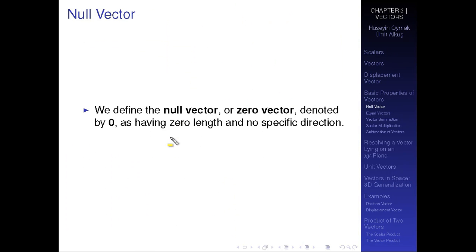The first property of vectors is that the vector with zero length and no specific direction is called the null vector or zero vector. In your calculations, please don't forget to put an arrow over 0. Then comes the second property.